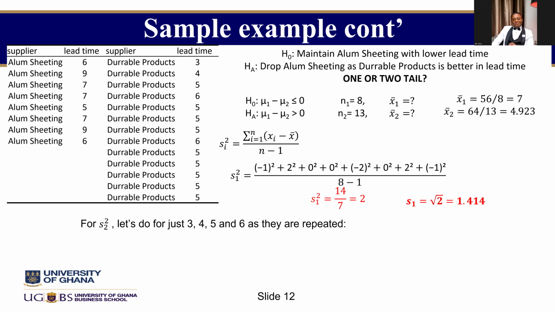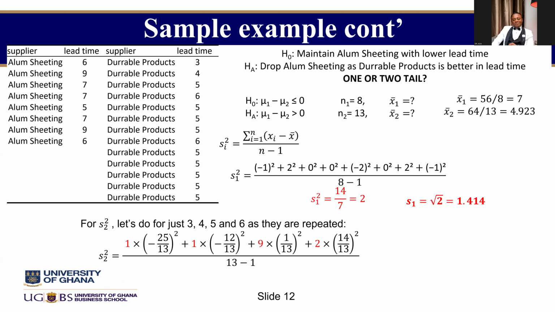So it becomes very easy, like I indicated. Look at the mean. I decided to use the 13, and then square it. But of course, you can also use the original one, which is 4.923. It's just that it will give you a lot of decimals. So you do each one of them.